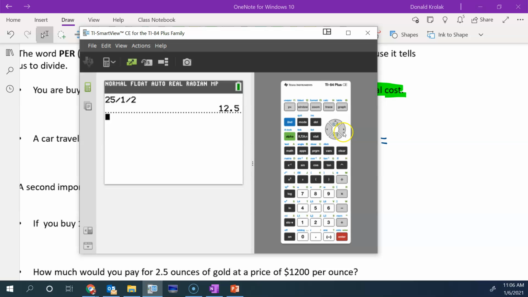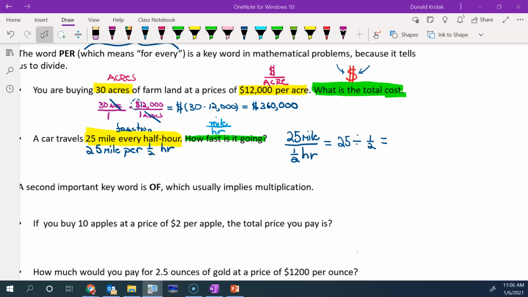Okay, and you should end up, oh, I wrote that wrong. 25 divided by 1/2. And you end up with 50. So you're going 50 miles an hour. When I divide by a fraction, remember you multiply by the reciprocal? And then your label is what you wanted, miles per hour.